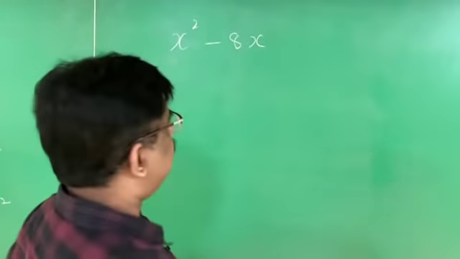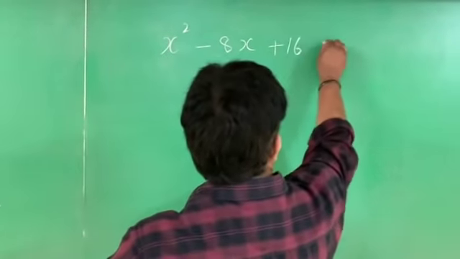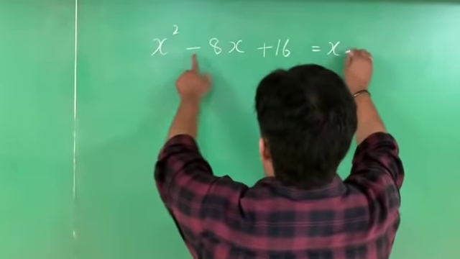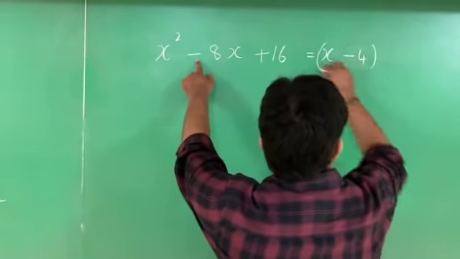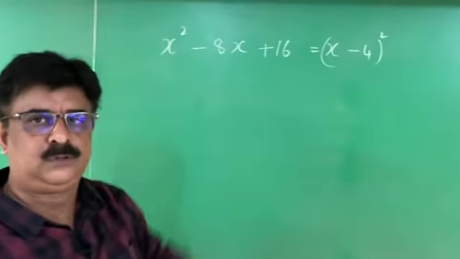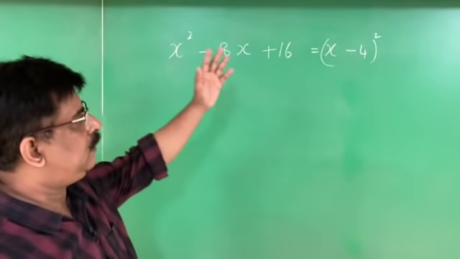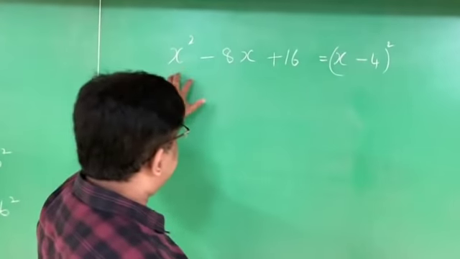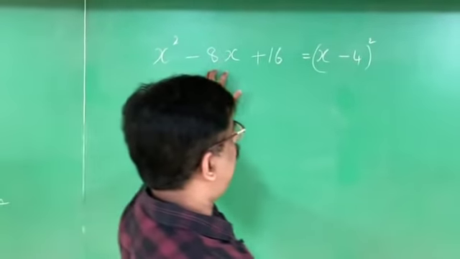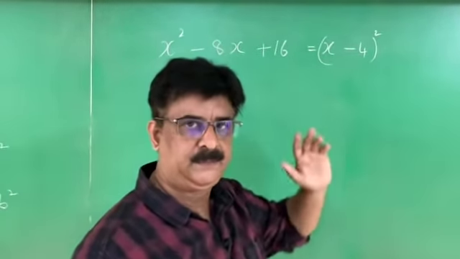Square of 4 is 16. This can be written as x minus 4 whole square. Like that we can write any trinomial in the form of a plus b whole square or a minus b whole square.